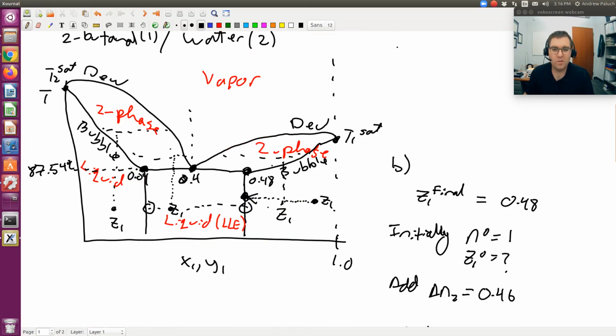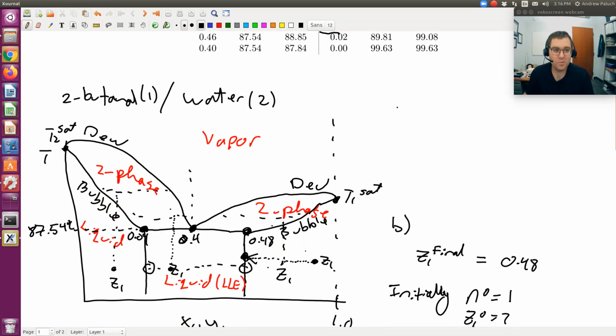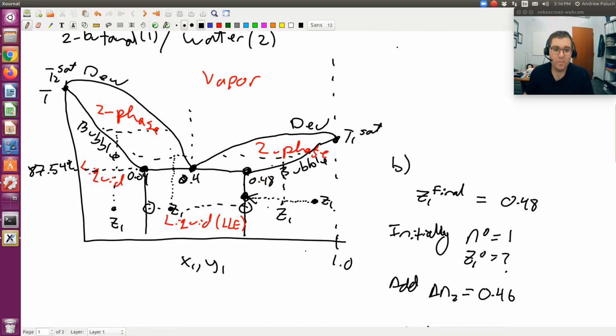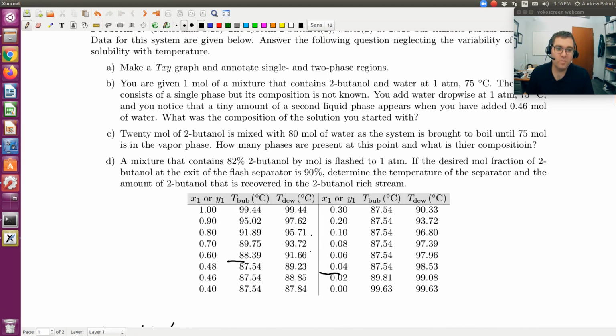Once I enter the two-phase region, which one of these lobes am I in, the left lobe or the right lobe? Then, for a given composition, knowing what T-bubble and T-dew are tells me if I'm in that temperature range. But what this question should really be asking is, what lobe am I in?